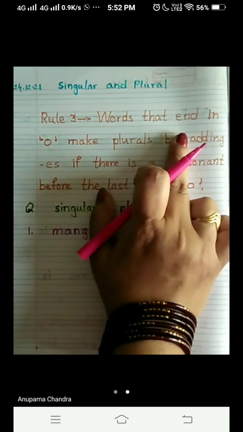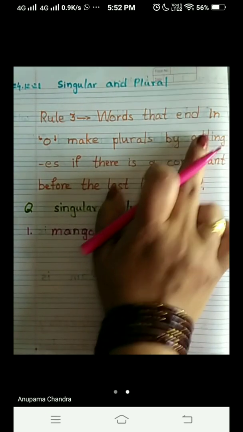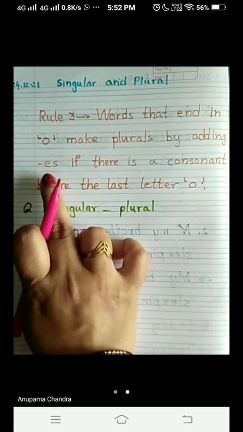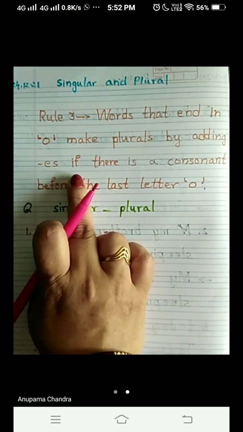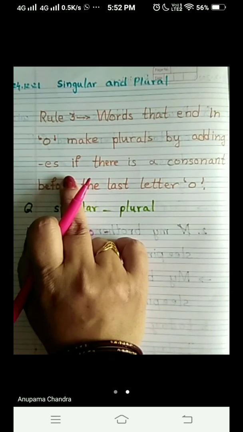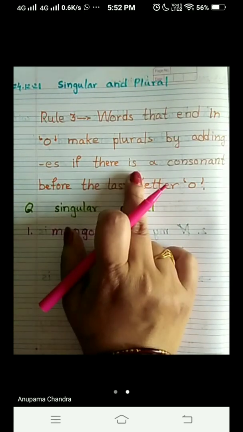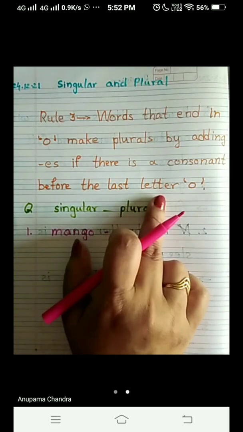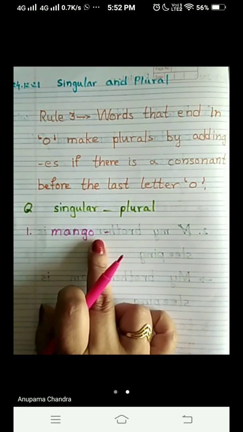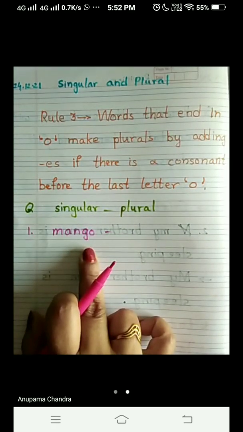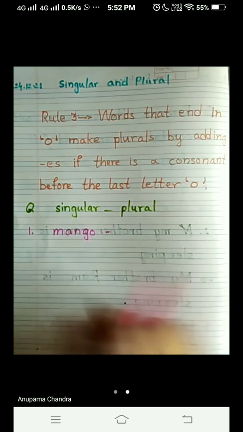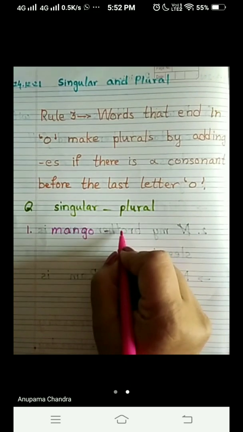Words that end in O make plural by adding es if. This if is very important. If there is a consonant before the last letter O, right? We have an O at the end and we have a consonant before O, that is G. So what are we going to do?